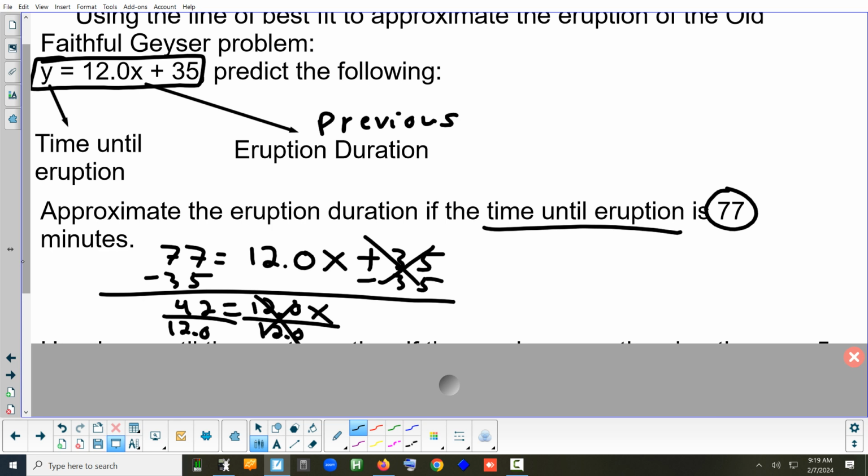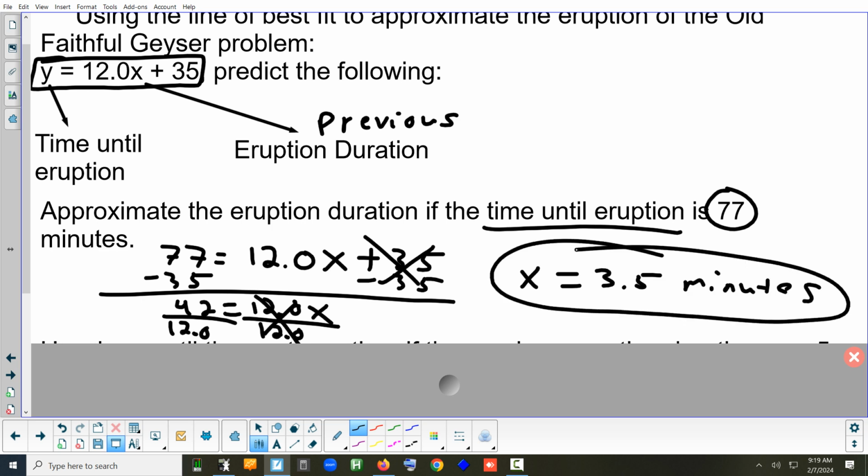Yeah, it's the previous eruption duration. So if it takes 77 minutes for the next eruption to happen, then that means the previous one went for about 3.5 minutes. Right? So that's what x is. So x is 3.5 minutes.